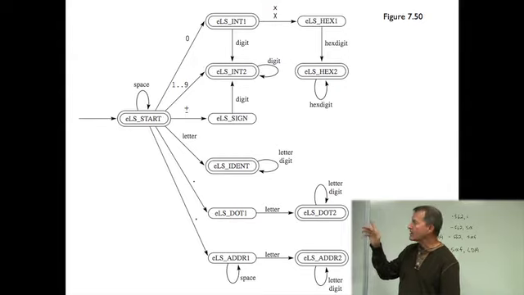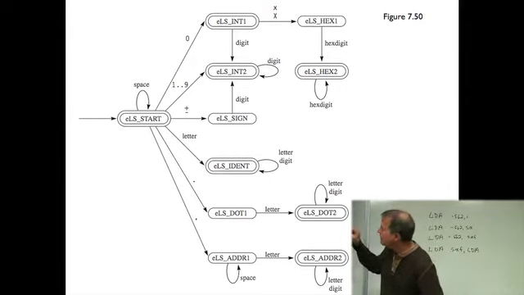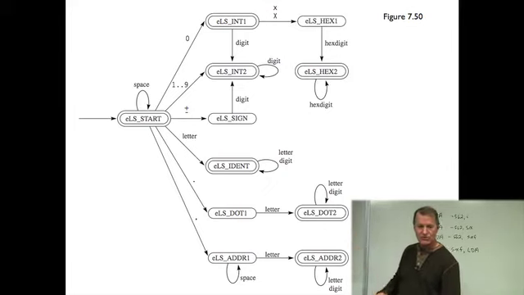Let's count. How many tokens should you have? Seven, plus one more for invalid. And you don't call it start, it's the empty token.